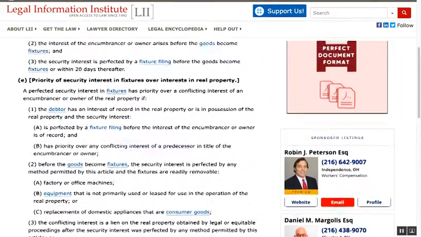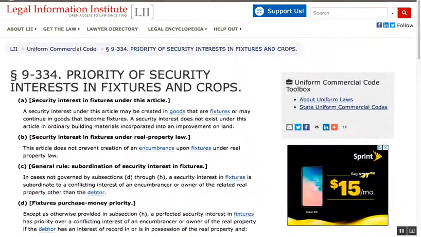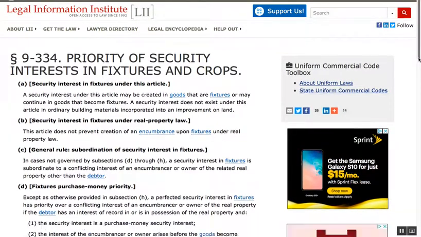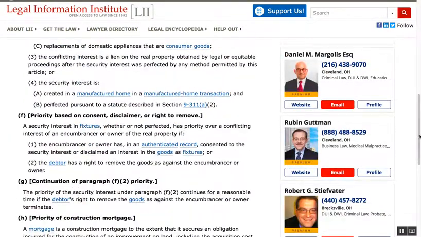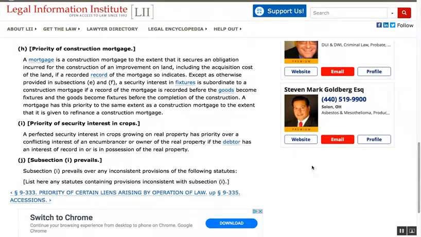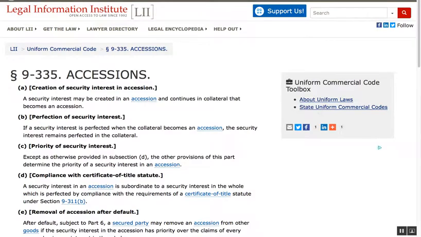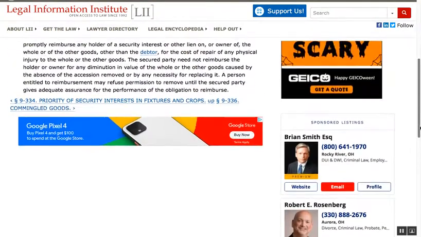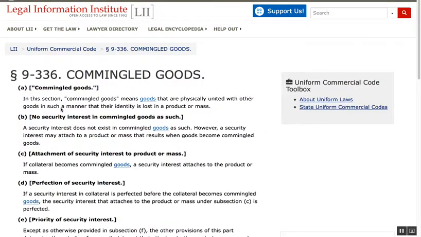Okay, here we go. Priority. Nope, that's not the right one. We went back. We need to go forward. There we are. Now we're going in the right direction.